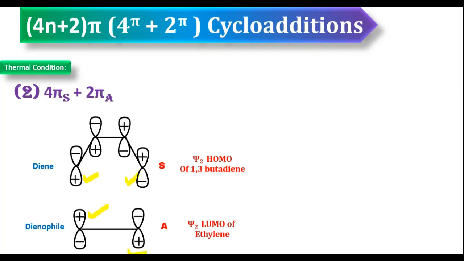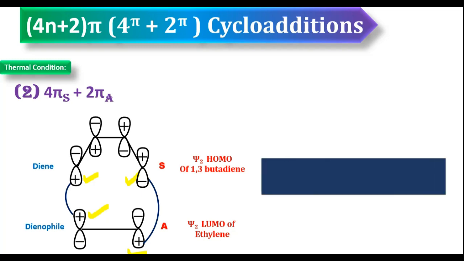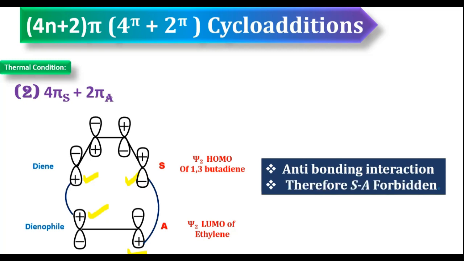Now connect these two, again connect these two. Check the interaction here: bonding here, minus plus therefore antibonding. That means under thermal condition supra antara gives antibonding interaction. So that's why supra antara is forbidden under thermal condition.